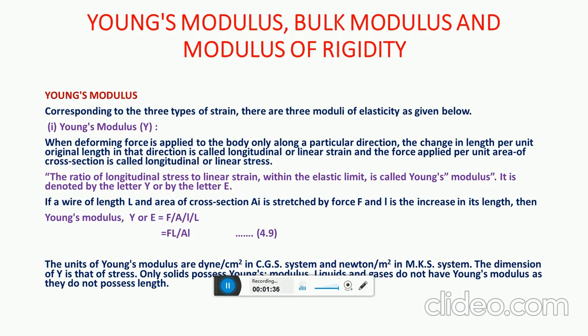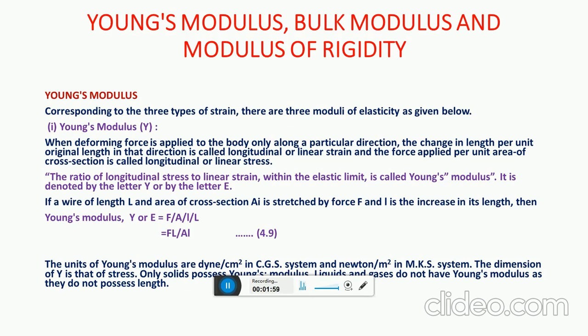When we use the word deforming force, suppose F, then deforming force per unit area is called stress, and change in length per unit length is called longitudinal strain.